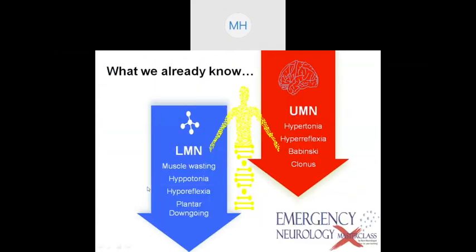I'm sure you have all heard about upper motor neuron versus lower motor neuron; we have been bombarded with these characteristics. But bear in mind, this presents in a patient who has a motor deficit. If the patient doesn't have a motor deficit, it will be difficult to know whether the patient has a lower or upper motor neuron lesion.